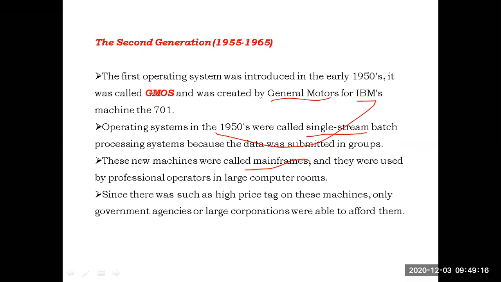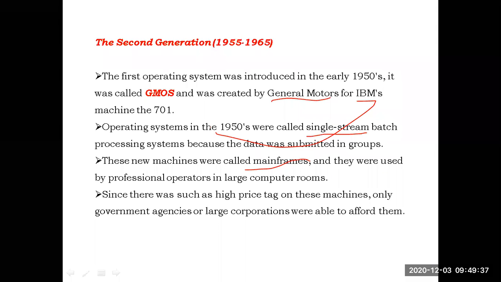Also their cost is very high. That's why only government agencies and large private companies are able to use the computers.